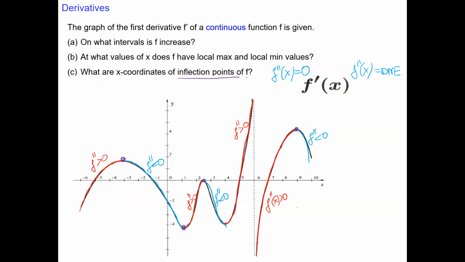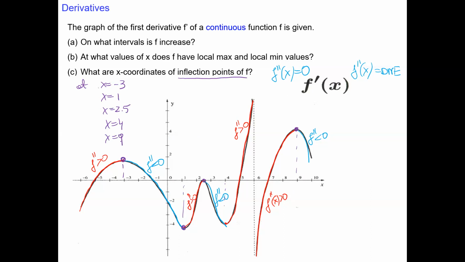Yes, the inflection points are at x = -3, x = 1, x = 2.5, maybe 2.4, and then x = 4 and 9. And the second derivative is defined everywhere.